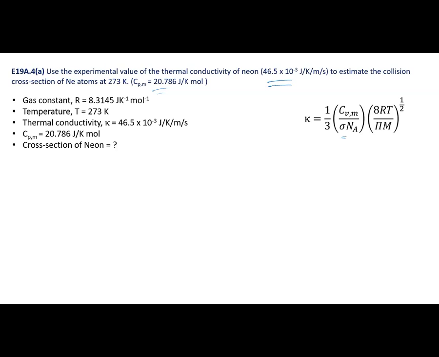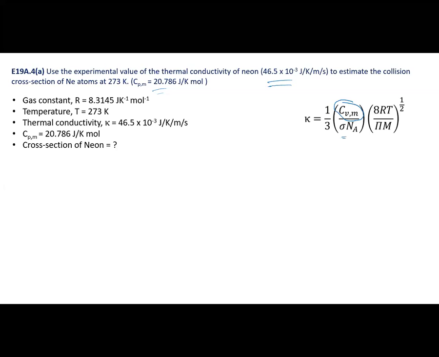If you look at this equation, let's put down all the values that we know. R, T, thermal conductivity and CPM we know, but in this equation, what we are dealing with is CVM, the molar heat capacity at constant volume and not at constant pressure. So we need to derive CVM from CPM.